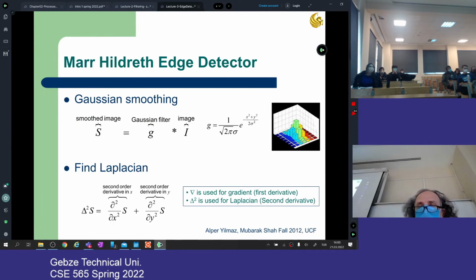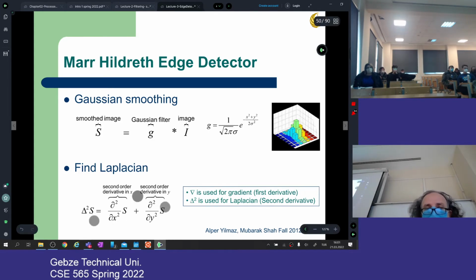Okay, this is our Gauss kernel. Laplacian is the second derivative of the Gauss. This is our Gauss kernel applied to the image, and I will get a smoothed image. On this image, take the derivative of the derivative.